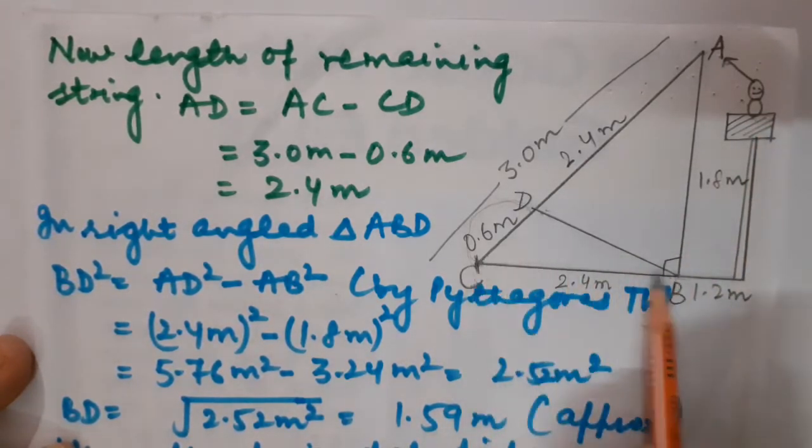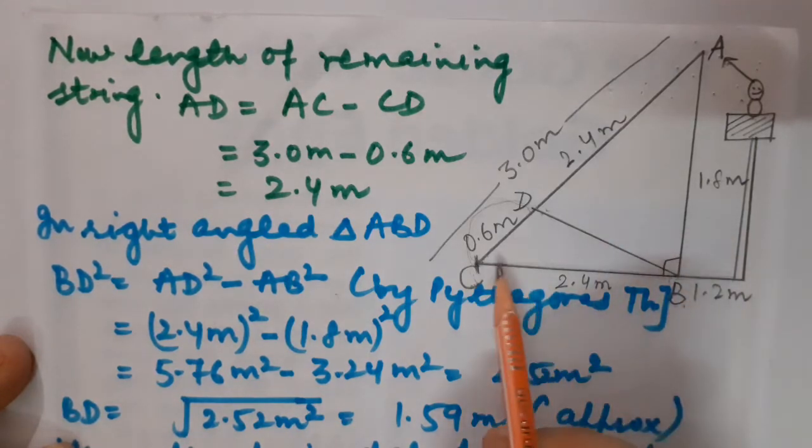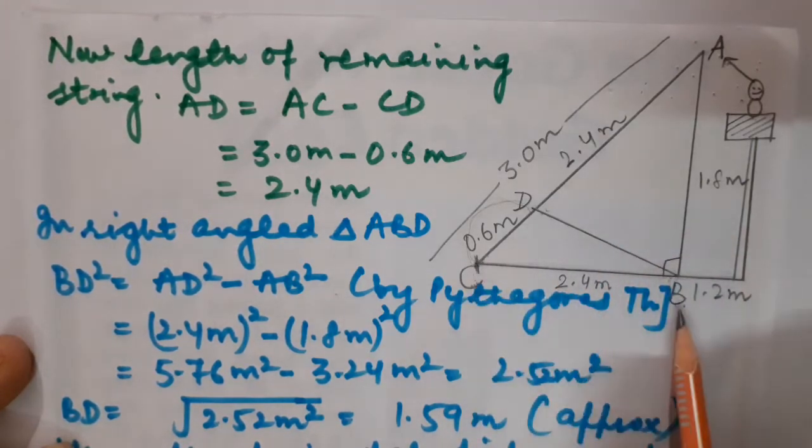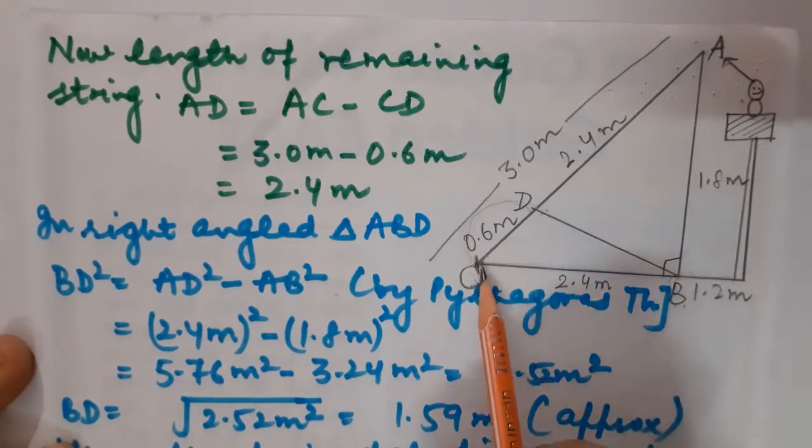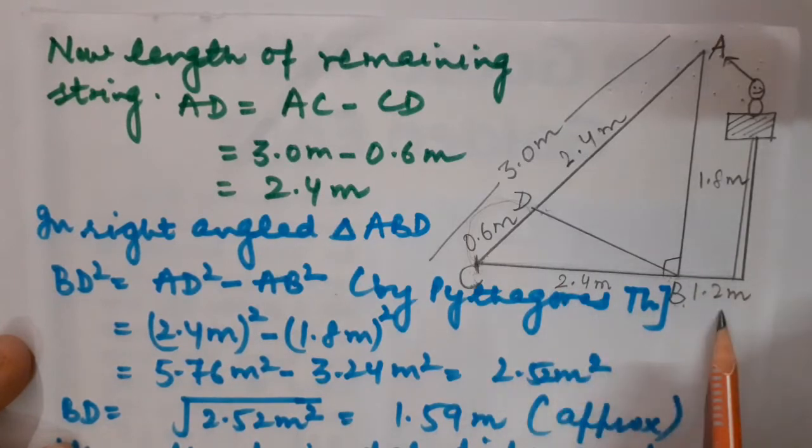It is 2.4 meter away from point B, which is exactly under the tip of the rod. So 2.4 meter it is away from point B, but from Nazima's position it is 3.6 meter away.